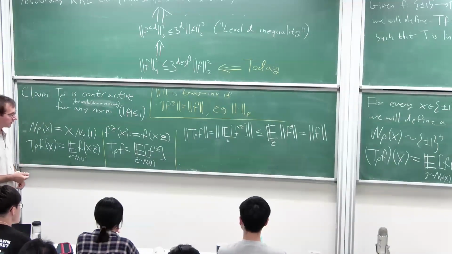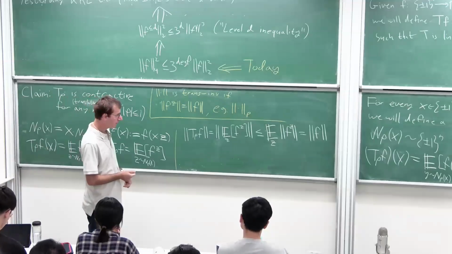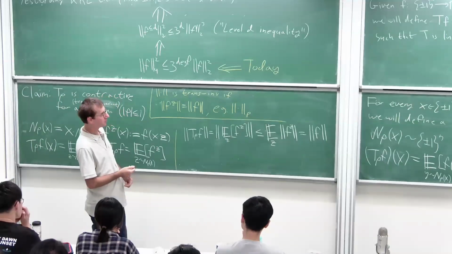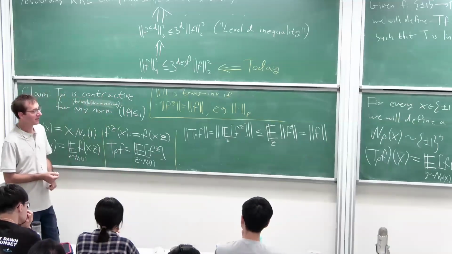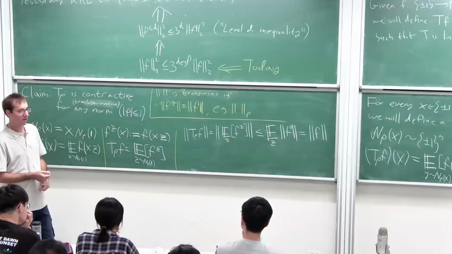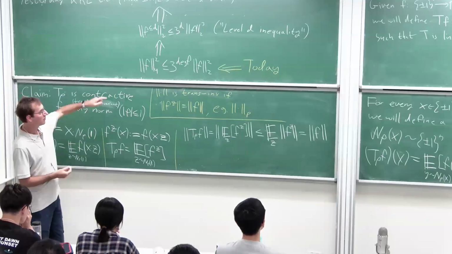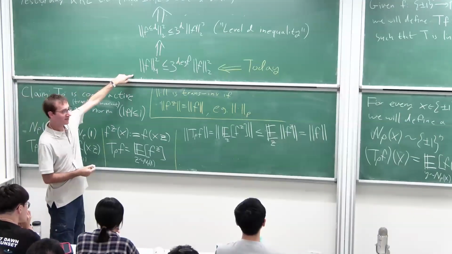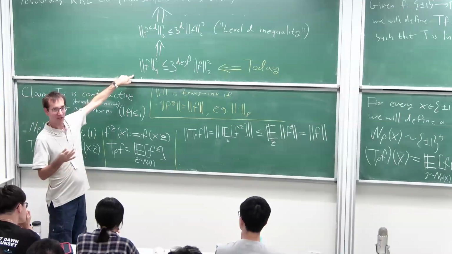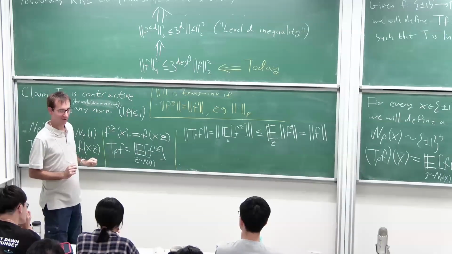What we're going to do now is see the effect of this T_rho operator on the Fourier expansion. And this will allow us to prove this, given hypercontractivity, which I haven't yet stated, but I will state in a bit.